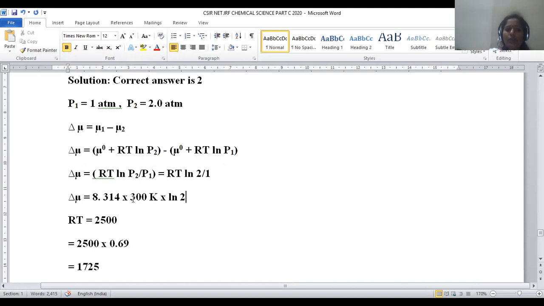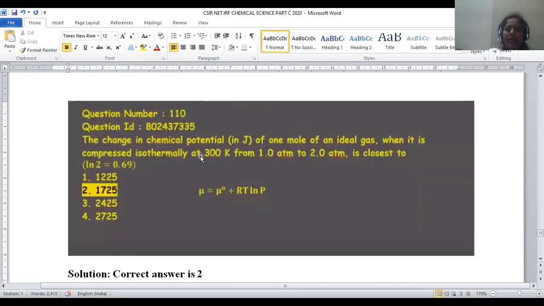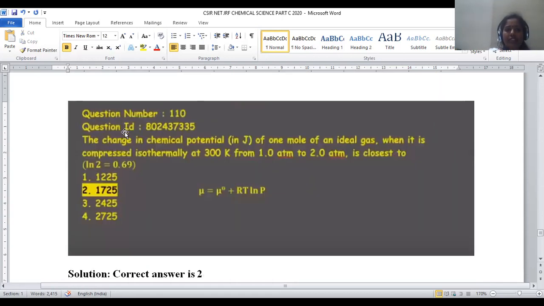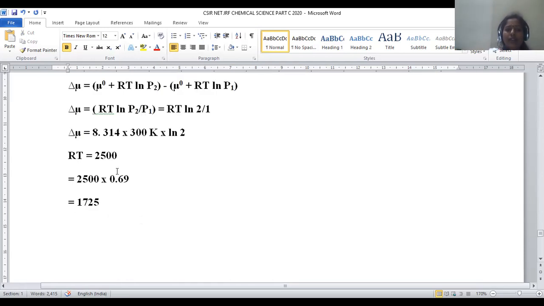On the Kelvin scale, it is provided as 300. The product of 8.314 and 300 Kelvin, the RT value, is 2500. The ln 2 value is provided within the problem, that is 0.69, right? 2500 into 0.69, the final value will be 1725.